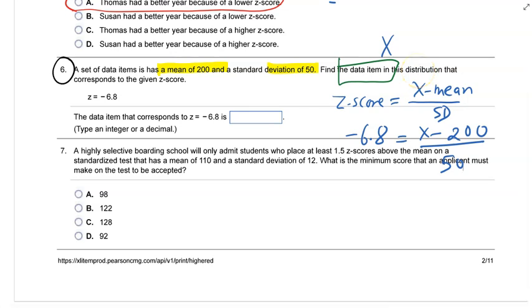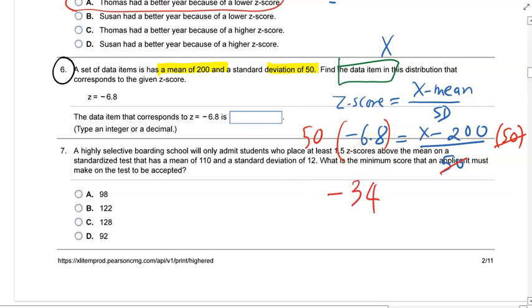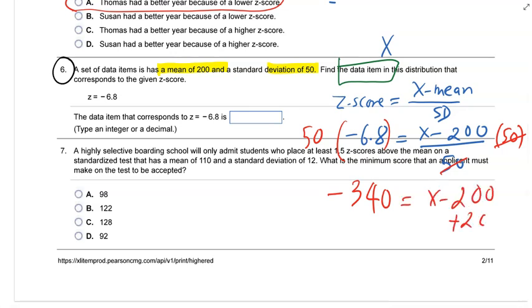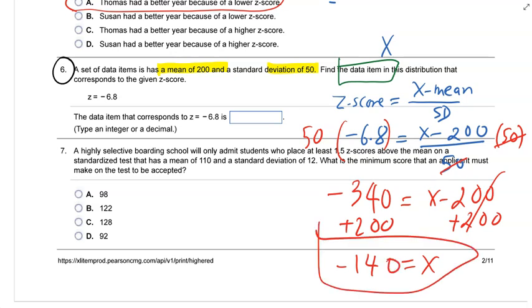To solve for x, multiply both sides of the equation by 50, and the 50 cancels. 50 times negative 6.8 is negative 340, equals x minus 200. You add 200 to both sides of the equation, and you get x equals negative 140. That's the data item that corresponds to z-score negative 6.8.